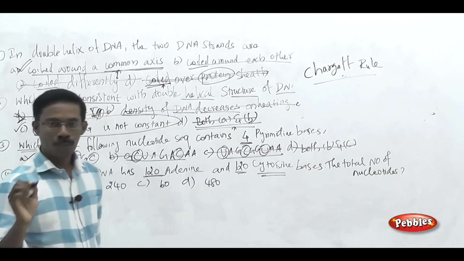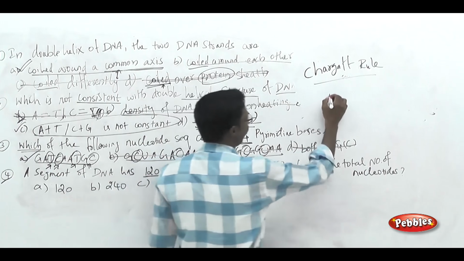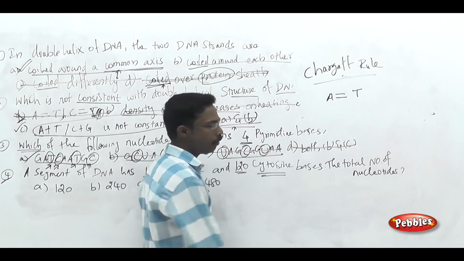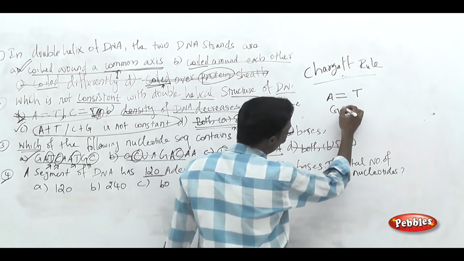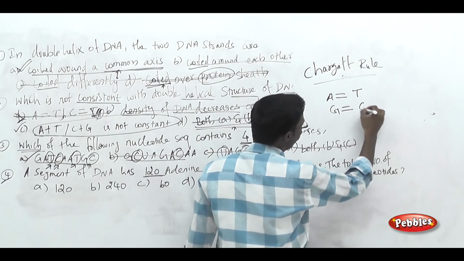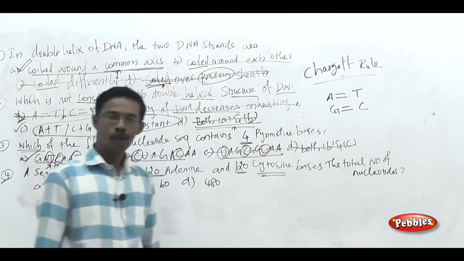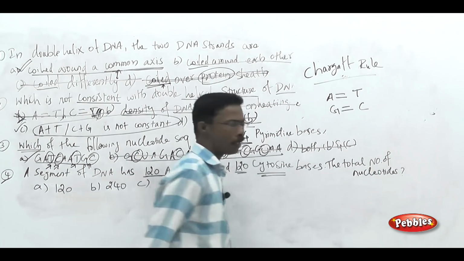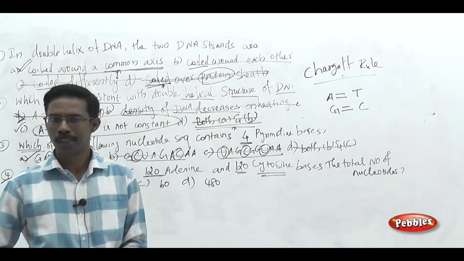According to Chargaff's rule, the number of adenine is always equal to thymine. The number of guanine is always equal to cytosine. Why does this happen? Adenine always pairs with thymine, guanine always pairs with cytosine.